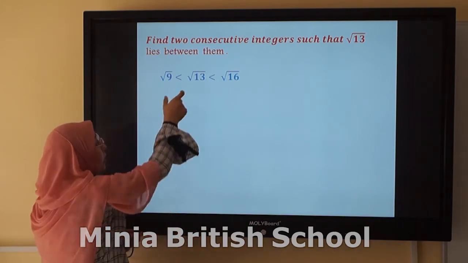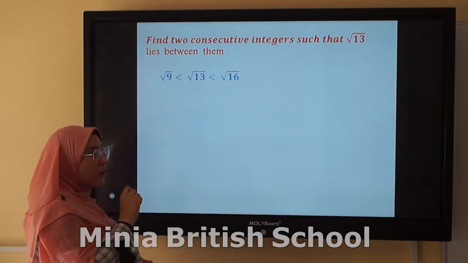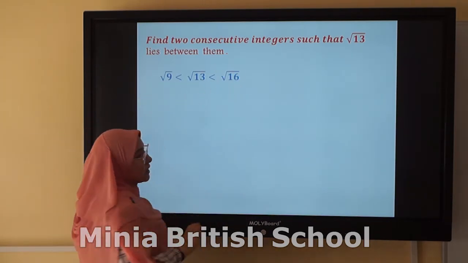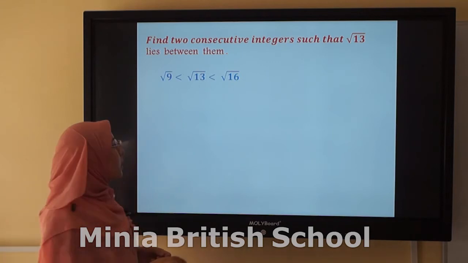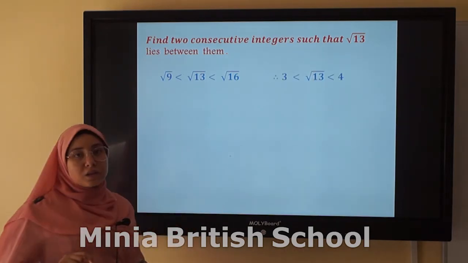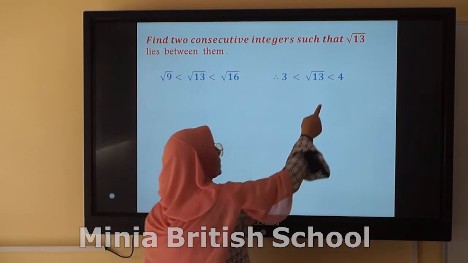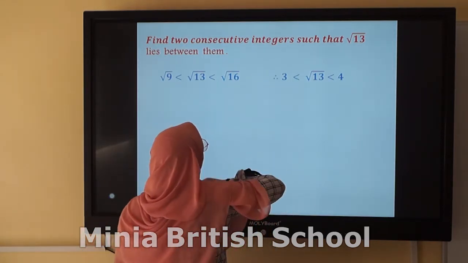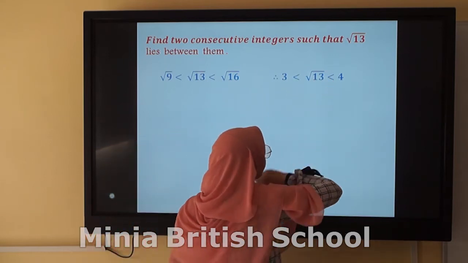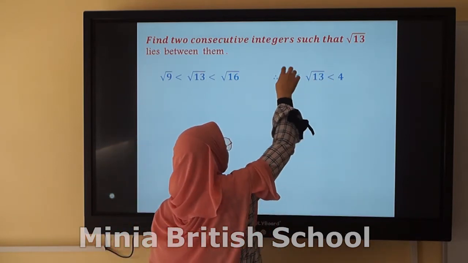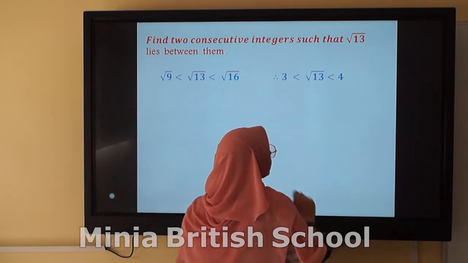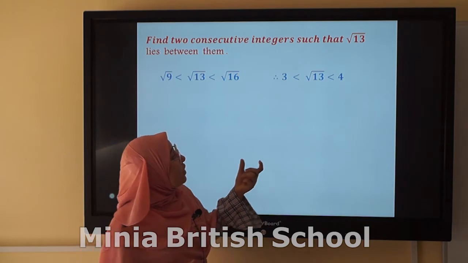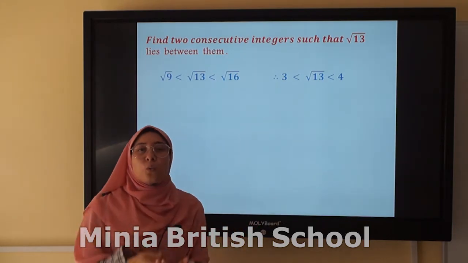So the square root of 13 is greater than root 9 and less than root 16, okay? We can simplify it. We get root 13 greater than 3 and less than 4, because root 9 equals 3 and root 16 equals 4. So the value of root 13 equals what?